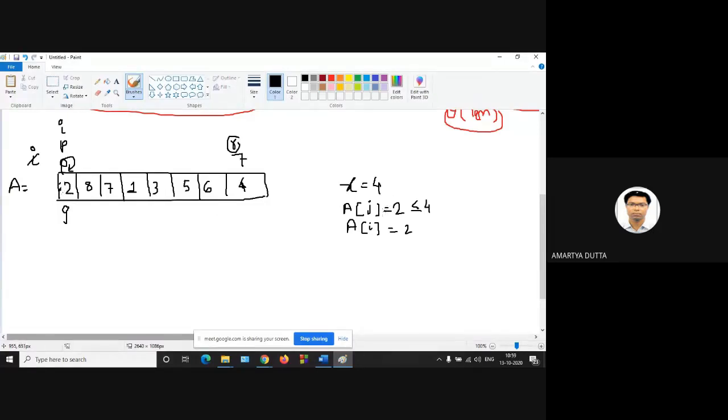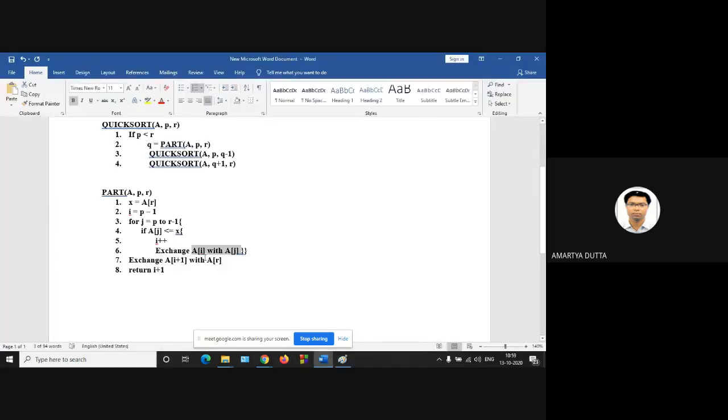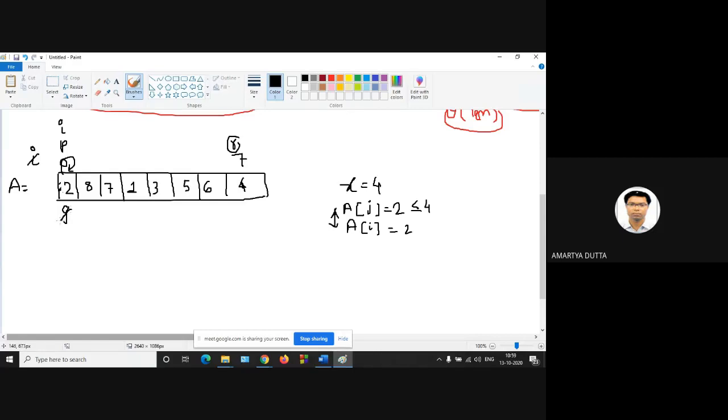You first increase the I value and then exchange A of I and A of J. Then, coming back to the loop, you have to increase the J value. So J will now be at this position.